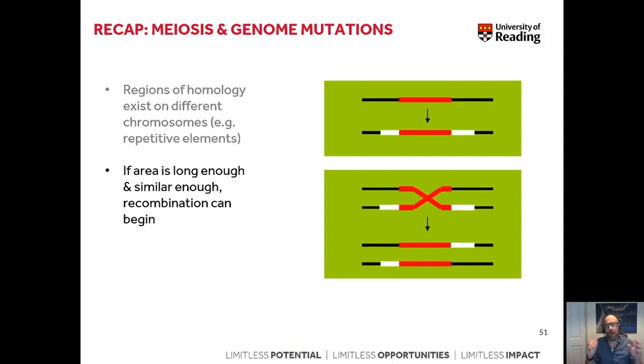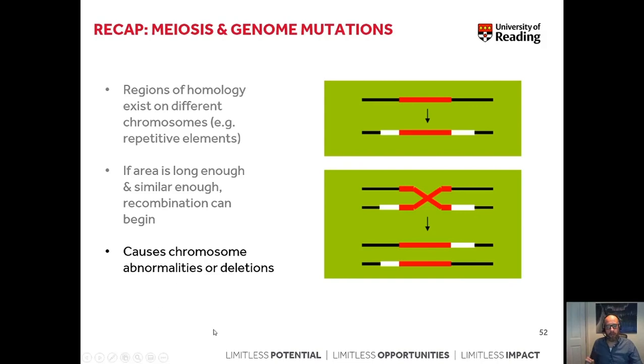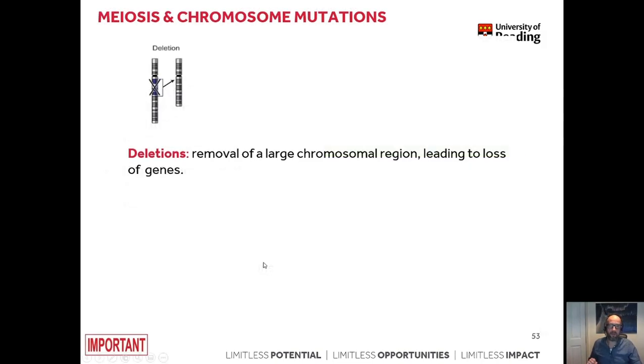However, this exchange can also happen between unrelated chromosomes if the area on the chromosomes is long enough and similar enough. As a result, chromosomal abnormalities can occur or deletions can take place. So we can have deleted parts of the chromosomes leading to a shorter chromosome which lacks certain genes.